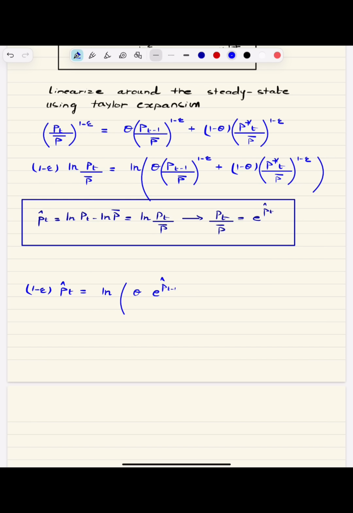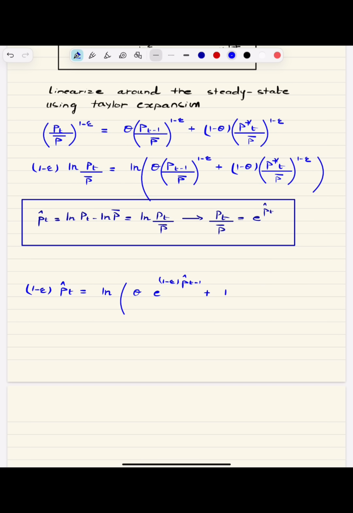And the power can get multiplied, because this is actually just a power of e. So you can just multiply it. I'll have e to the power 1 minus epsilon into p-hat_{t-1}.